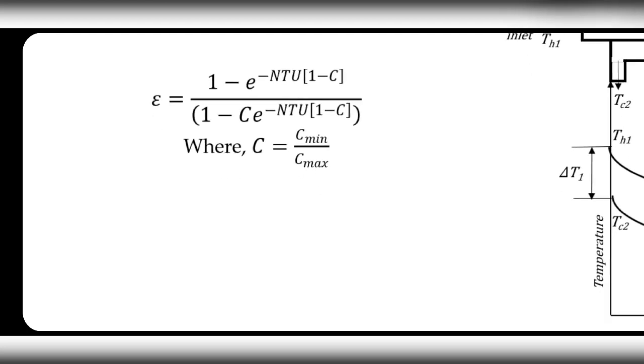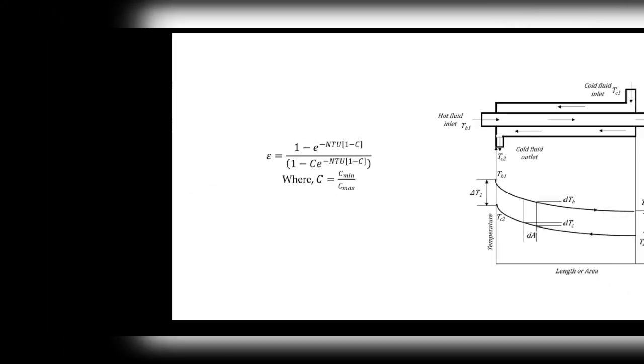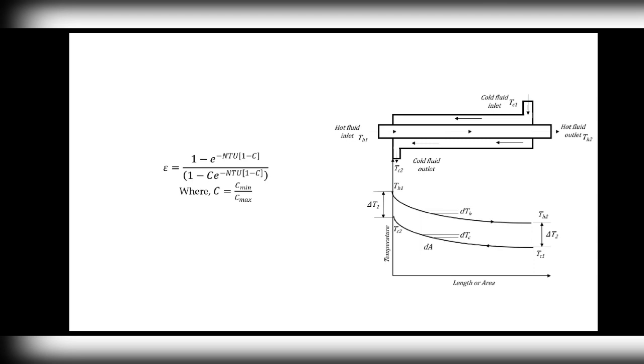When you do that, the final equation for a counterflow heat exchanger will be epsilon equal to 1 minus e to the power of minus NTU into 1 minus C divided by 1 minus C into e to the power of minus NTU into 1 minus C, where C is the capacity ratio, that is C minimum by C maximum.